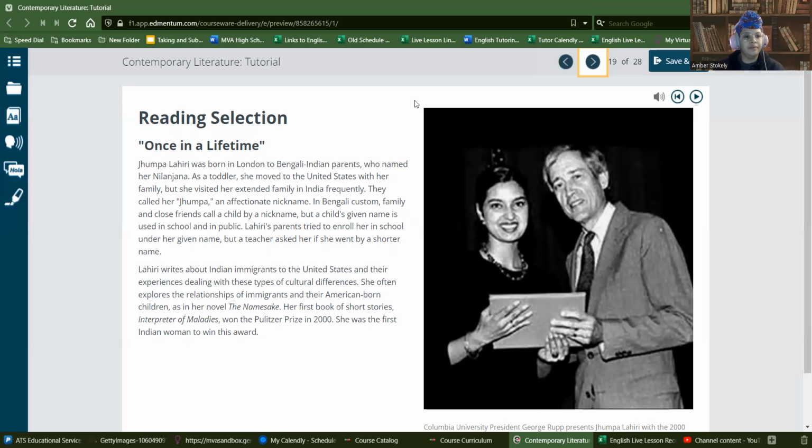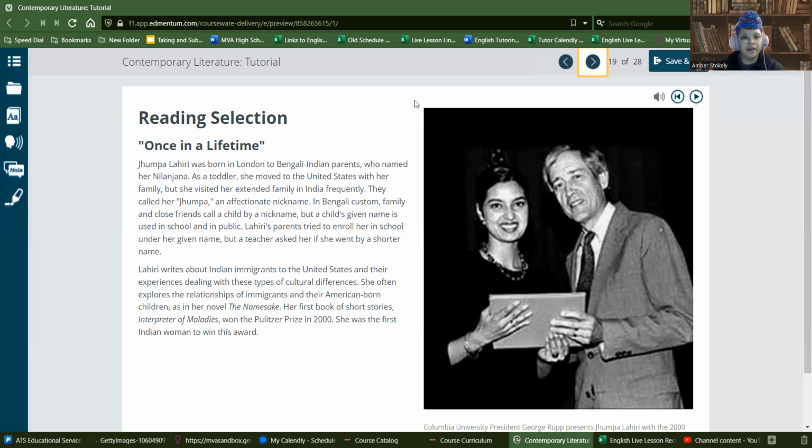And she was nicknamed Nilanjana. So basically, she moved to the US with her family, but she visited her extended family in India very frequently. They called her Jhumpa, which is basically an affectionate nickname.